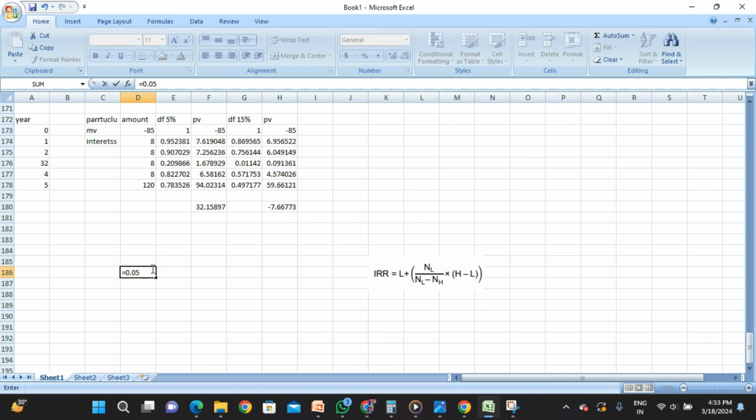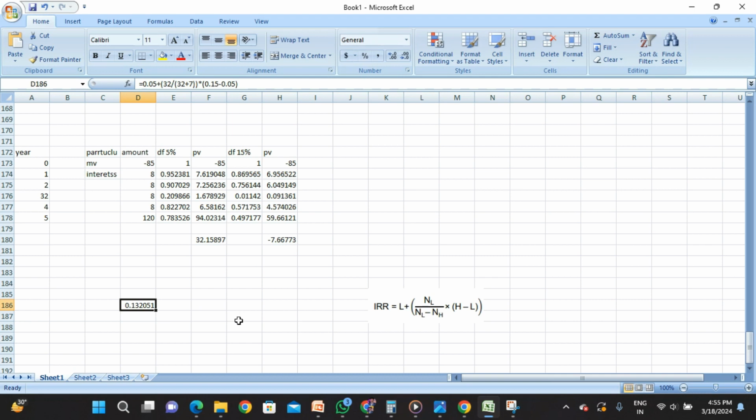Lower rate 0.05 plus bracket NPV at lower will be 32 divided by NPV at lower 32 minus minus 7, then into bracket the higher rate, which will be 0.15, minus 0.05, bracket close, we are getting, wait a minute, something is wrong.